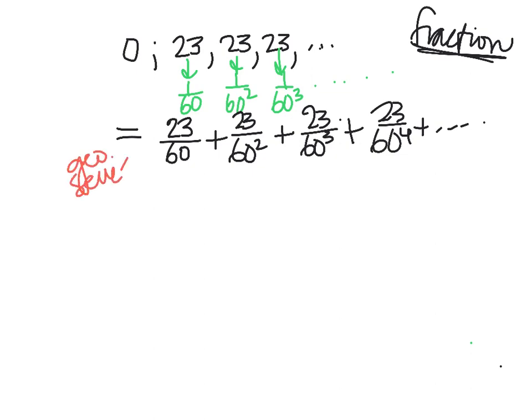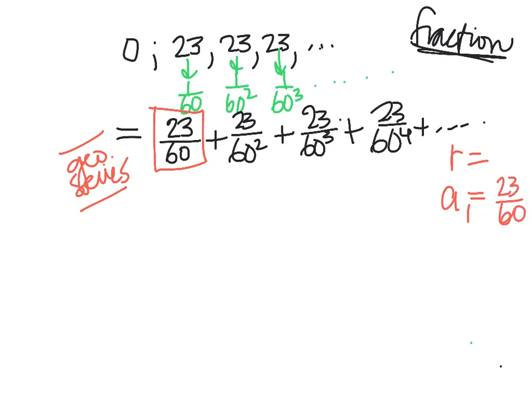Now there were two things that we said were important in establishing a geometric series. One was, can you tell what the common ratio was? And the second thing was, do we know where we're going to start? What's the first term of the series? Well, we certainly know what the first term of the series is. It's 23/60. Do we know what the common ratio is?